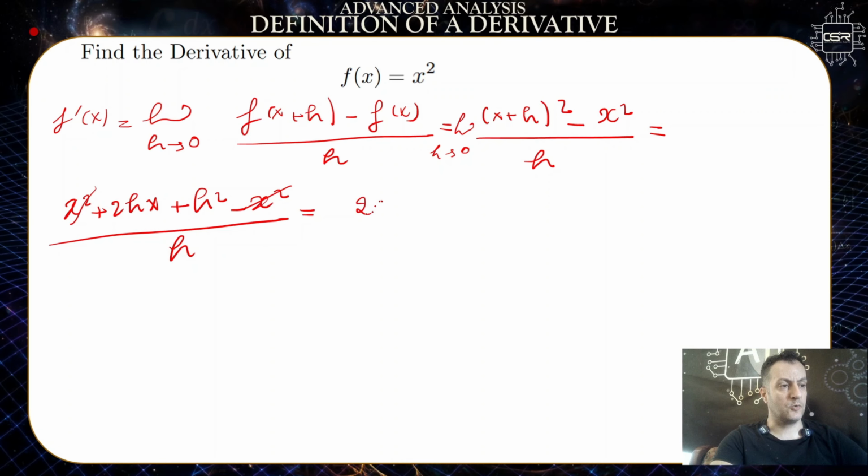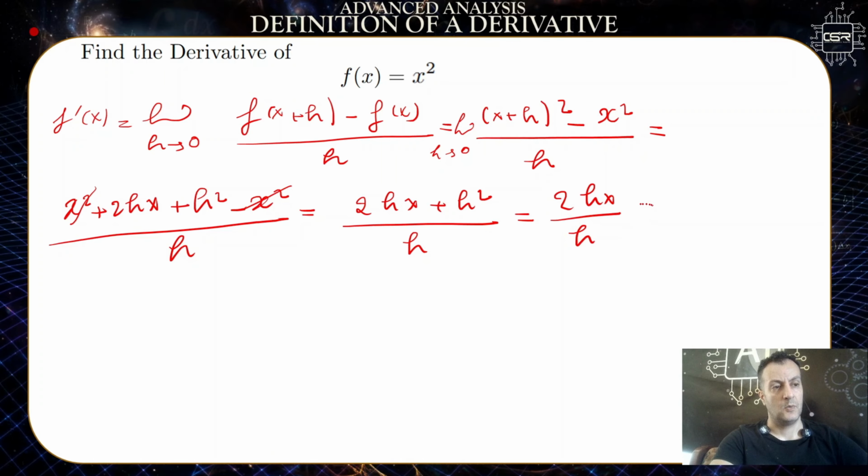We are left with 2hx plus h squared divided by h. We can break this down into 2hx over h plus h squared over h, which is h. Now we can factor out h in the numerator and denominator, so we are left with 2x plus h.